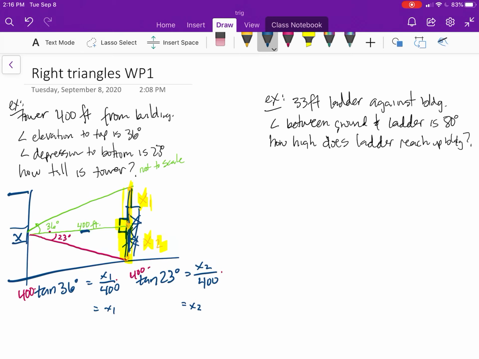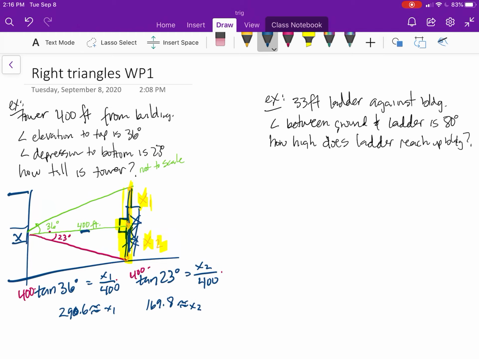Often, though, you don't really want to approximate too much while you go, so we'll just say it's about 290.6 for now, but our final answer will round to a whole number. Right? 400 times the tangent of 23 degrees is 169.8, about.